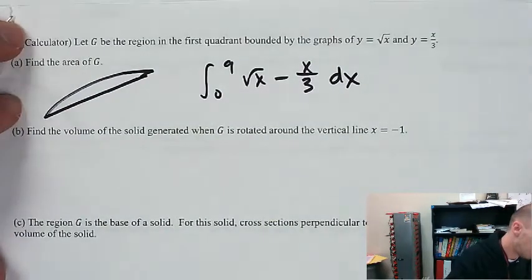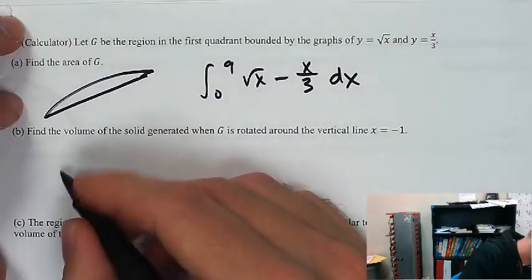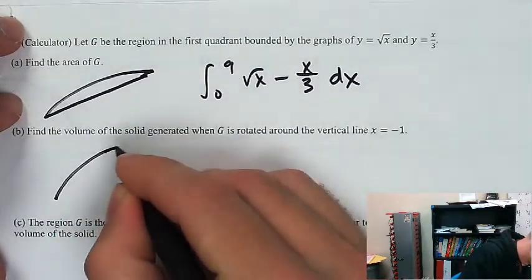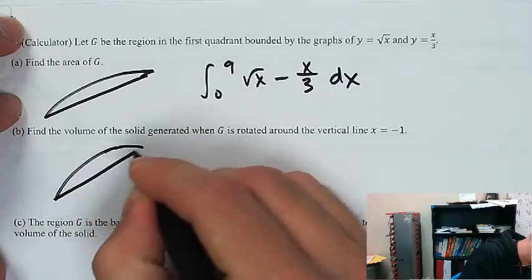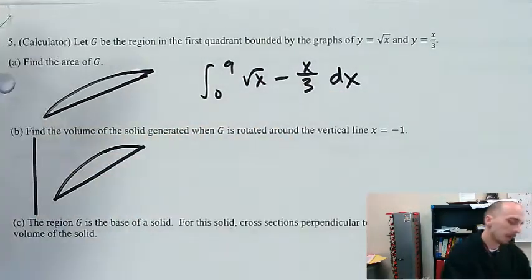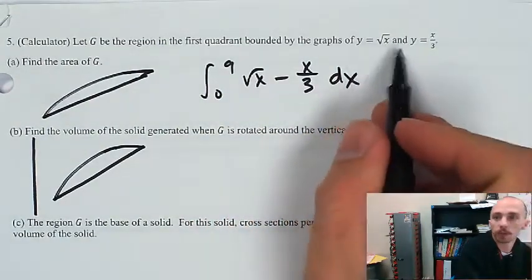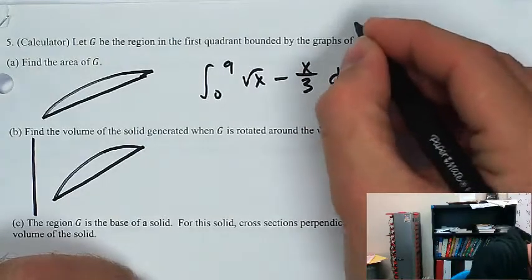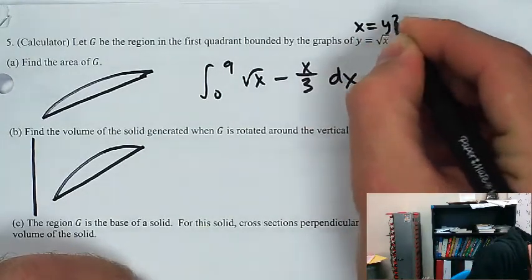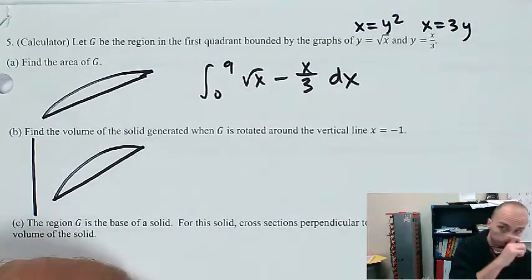Find the volume of the solid generated when G is rotated around x equals -1. Okay, this one I might draw a little more exaggerated. I don't know if that's to scale or whatever, but that'll work. And I'm going to need to work these equations around for x as a function of y. So that's x equals y squared, and this is x equals 3y.